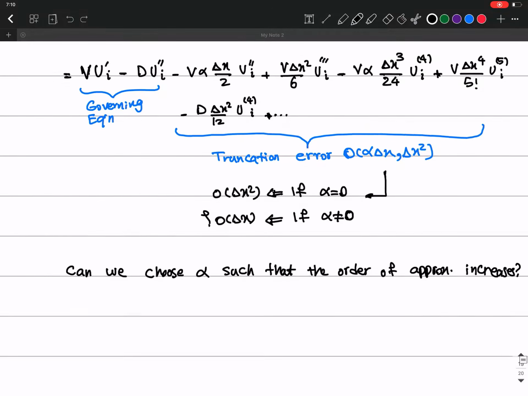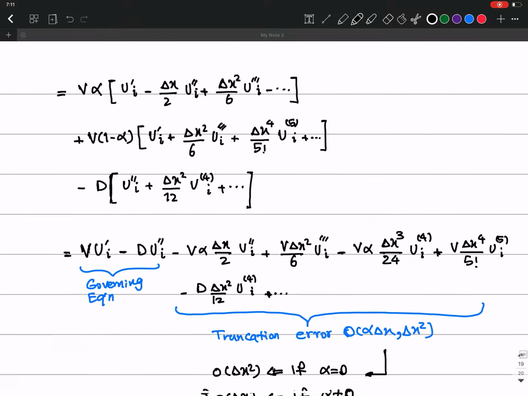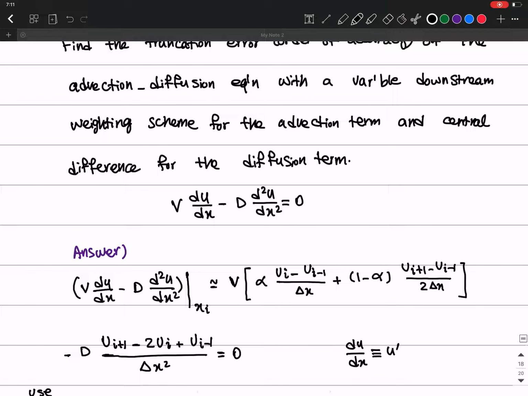Okay, so first we have two equations, right? One is the governing equation, the second one is from the truncation error. So the governing equation gives us v u prime i minus d u double prime i. This should be equal to 0, right?